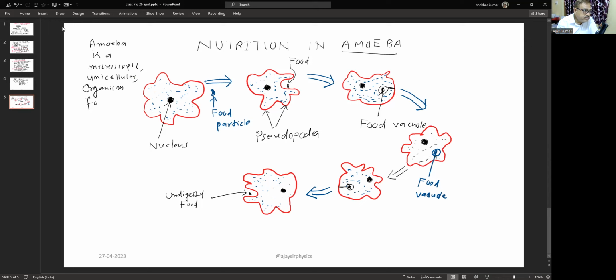It is found in moist soil. Amoeba is found in the moist soil, ponds and lakes. These are the places where we can easily find it.